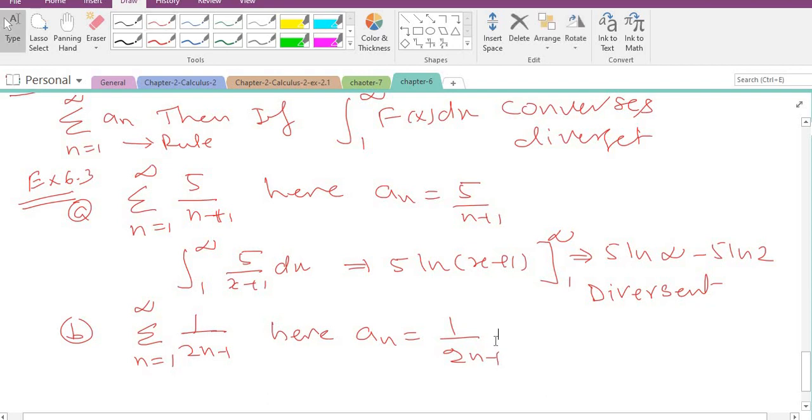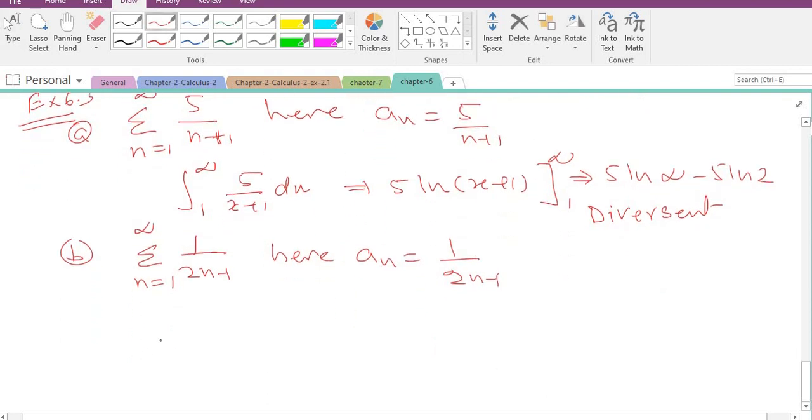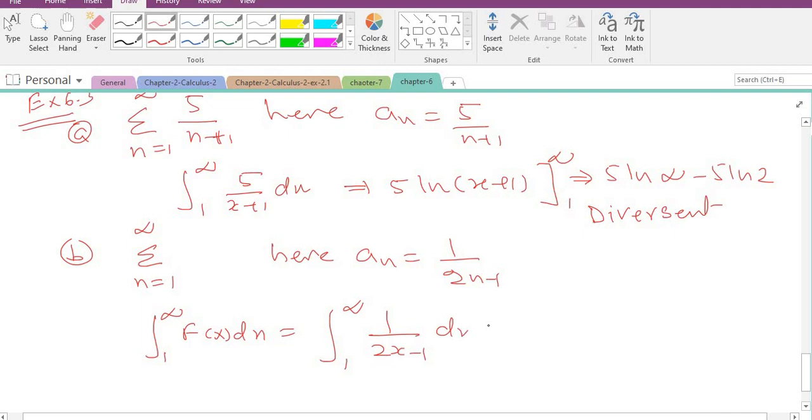Now use this rule: the integral from 1 to infinity of f(x) dx, where f(x) is 1 divided by (2x-1), changing n to x. Now integrate it: it will come 1 divided by 2 ln(2x-1), and the limit is this. When you substitute the limit, it comes infinity. So again it is divergent.